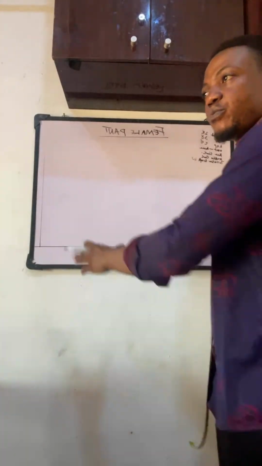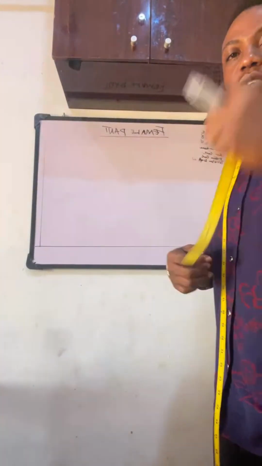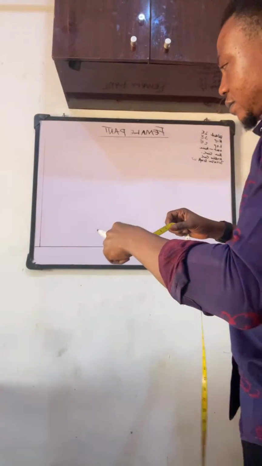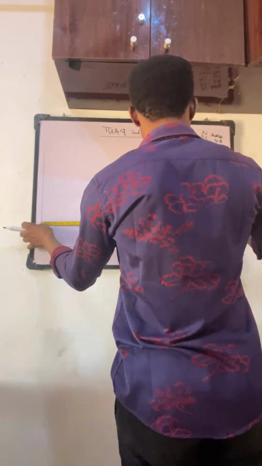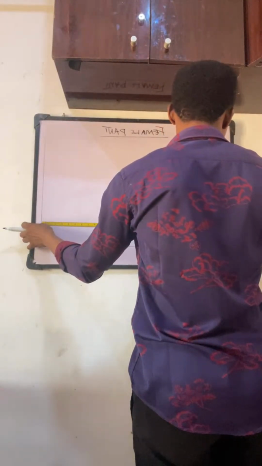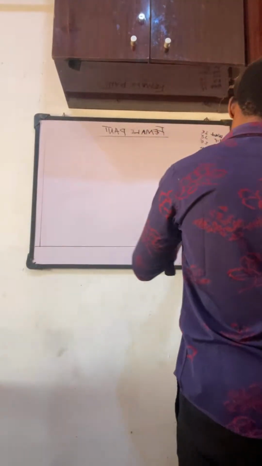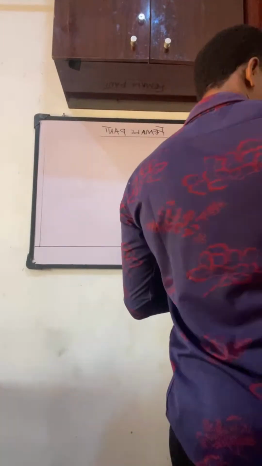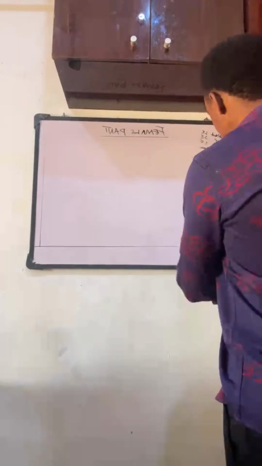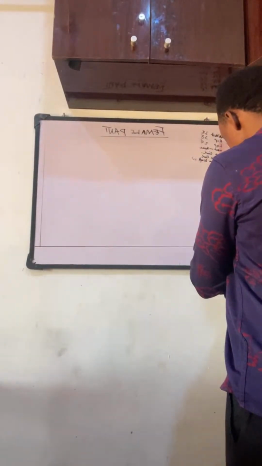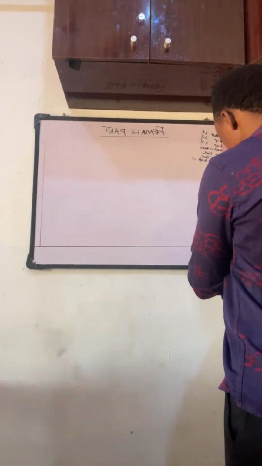Actually, this place is not big; it's short. So I'm going to be making use of a minimal trouser length. I'm going to use a trouser length of 28. So you have to consider 40 for the length of the board.